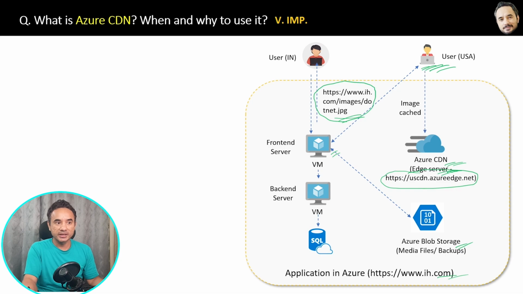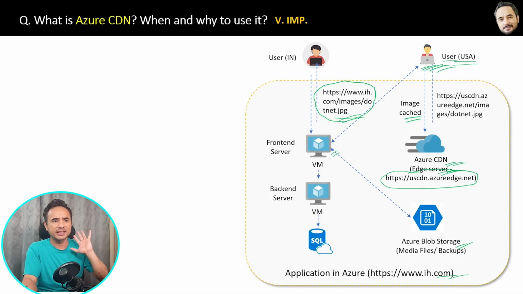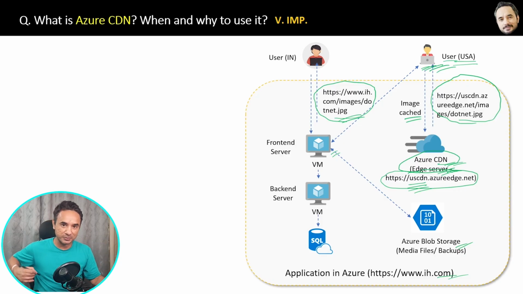Now your image is cached, and every time this USA user and many other users will get the image from this new URL, which makes it fast because this Azure CDN Edge server is present in USA. So that's why now the images are downloaded very fast and your website response time will improve, right? Got it? Clear?